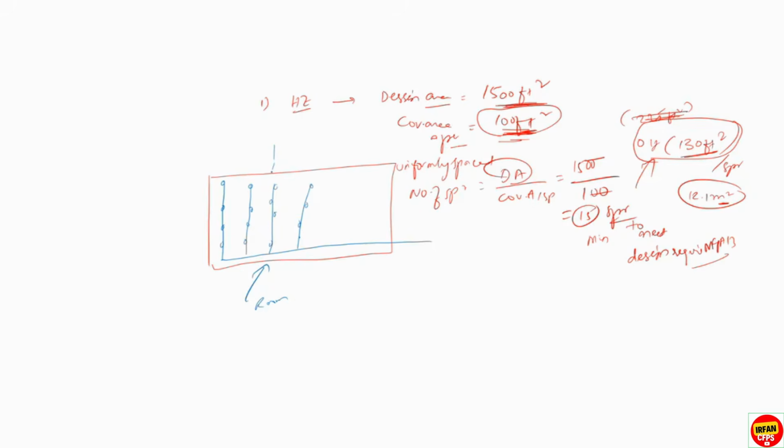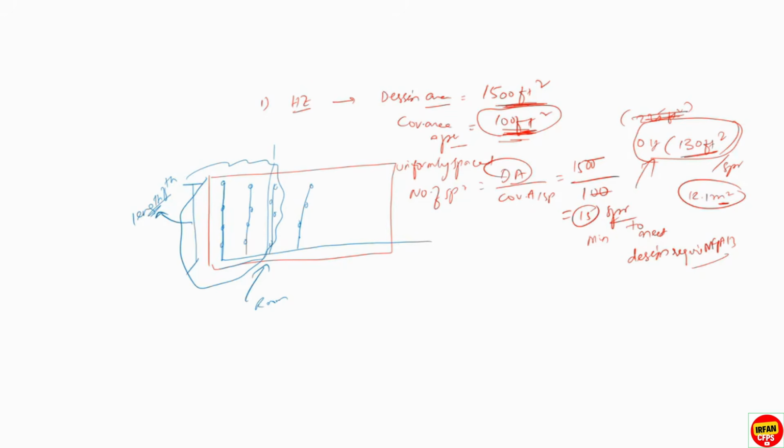Now for example, this is the design area. The length of the design area will always be parallel to the branch line. So always make sure to consider this side as the length. You understood my point?